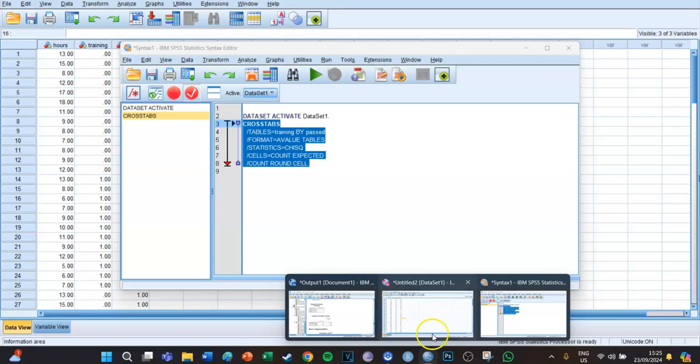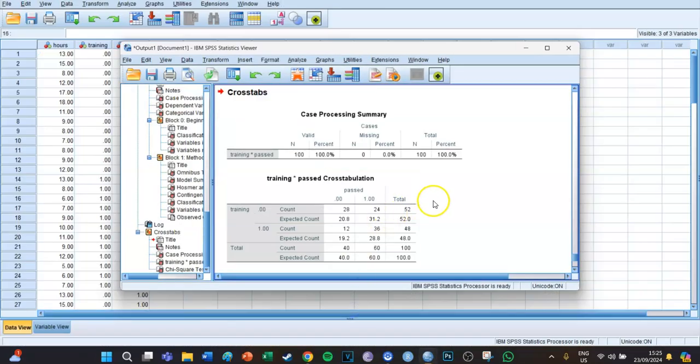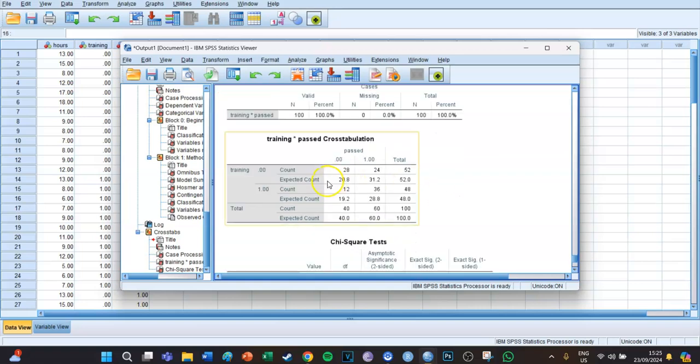Then if you go to the output window, we can see that if there was no relationship between the independent and the dependent variable, then the expected count of people who didn't take the training and didn't pass would be about 21, but in reality it's 28.